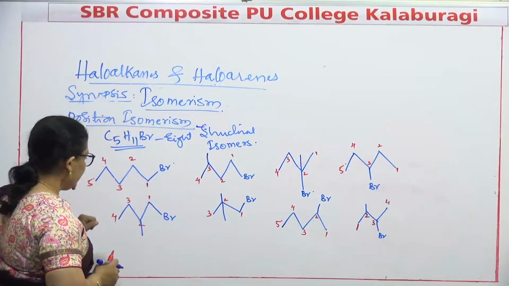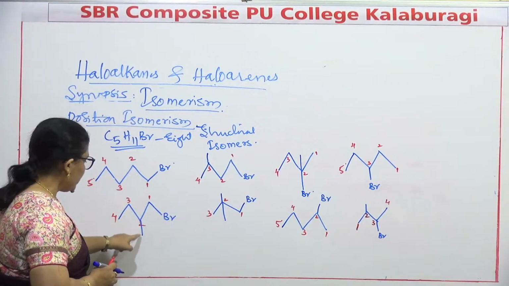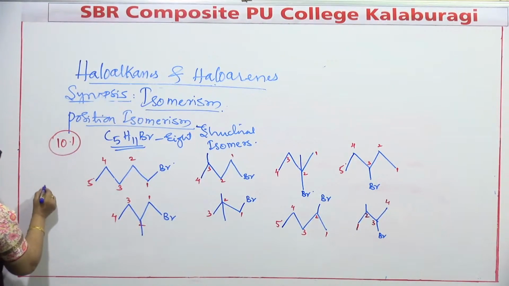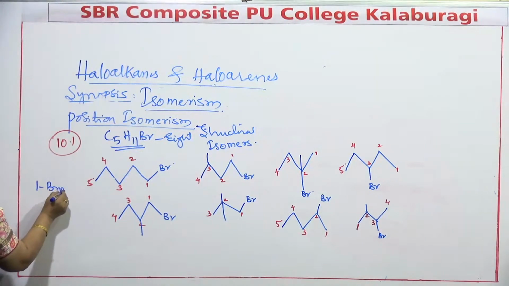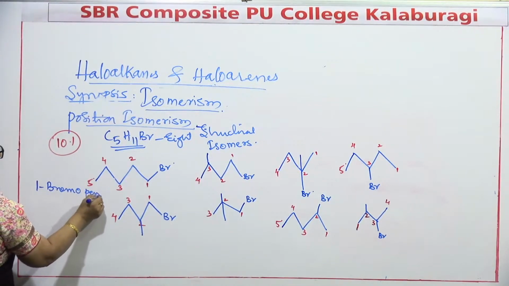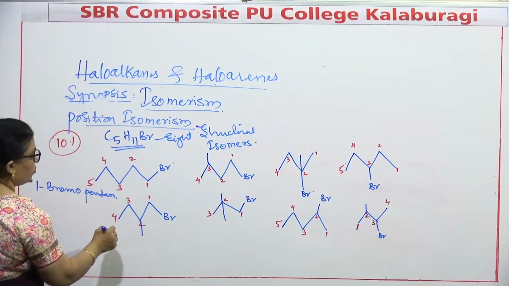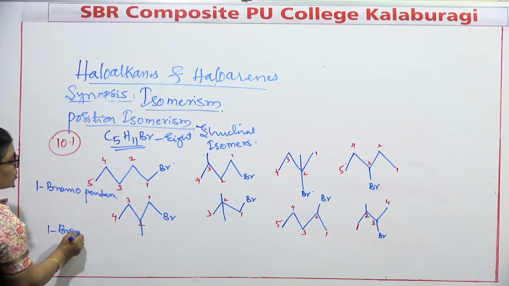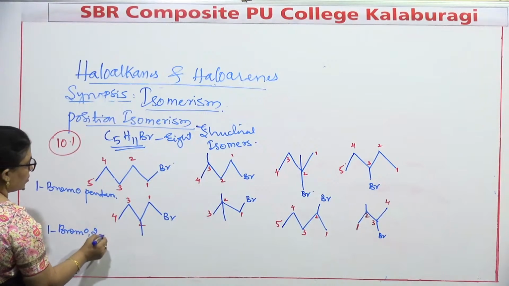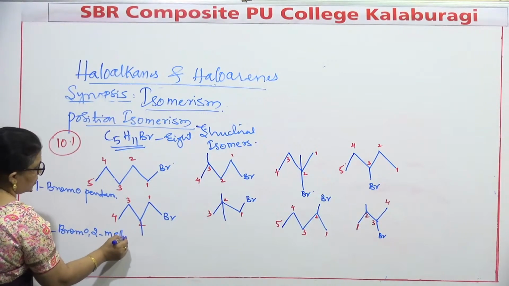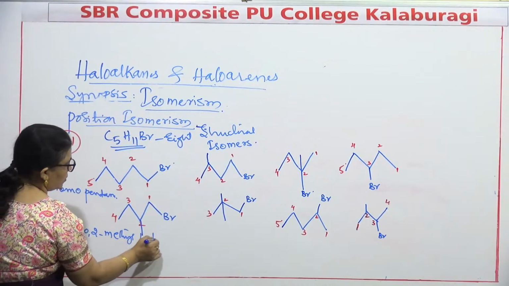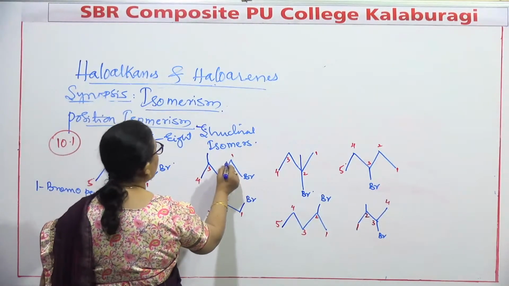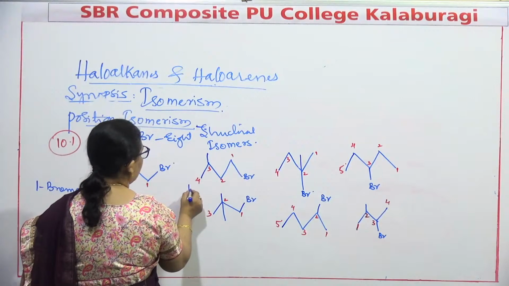1 bromopentane, 1 bromo 2 methyl butane. Shall I write the name? If any name is repeated, at that time we'll try for one more. Here, 1 bromo 2 methyl butane. One more we can write, what, children? 1 bromo 3 methyl.